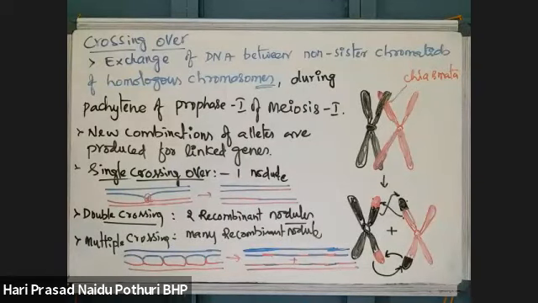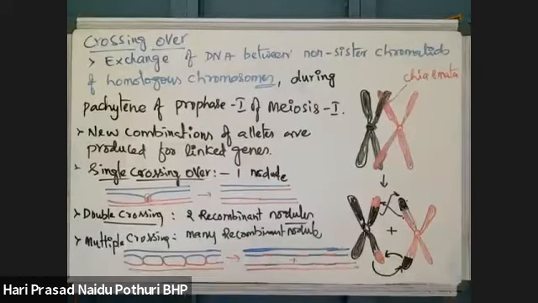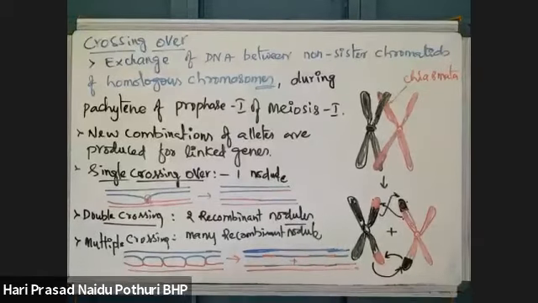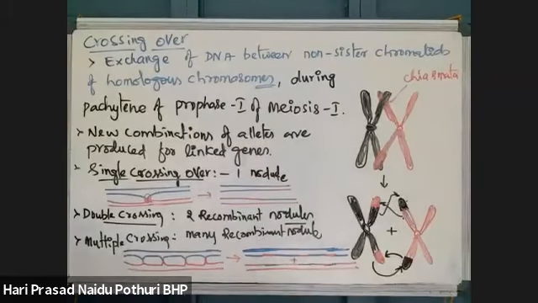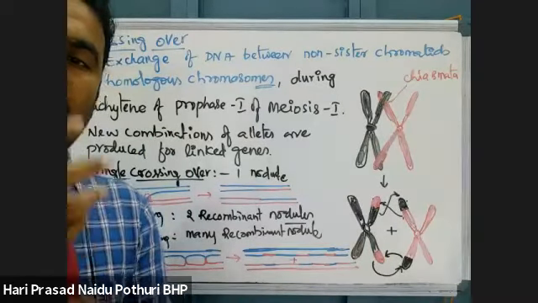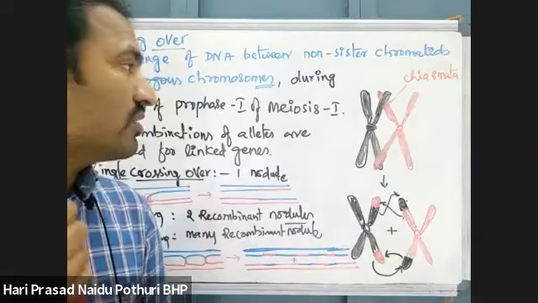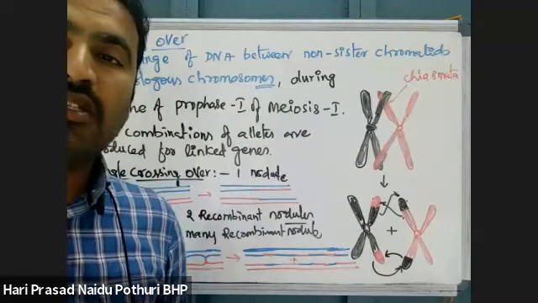Like this, crossing over results in new combinations during pachytene of prophase 1 of meiosis 1. So recombinants are possible in pachytene only.